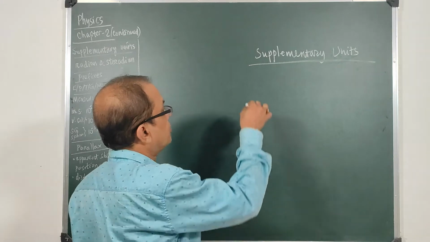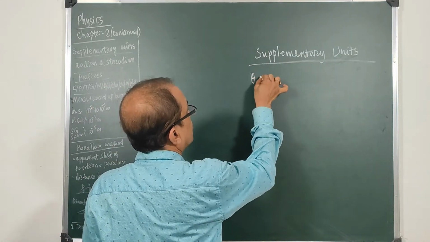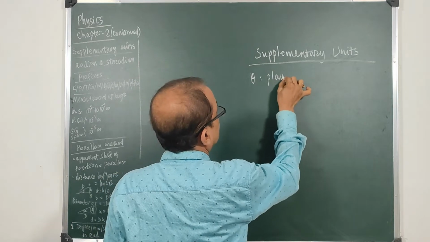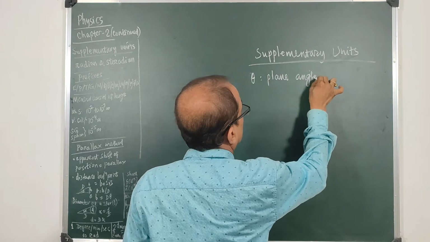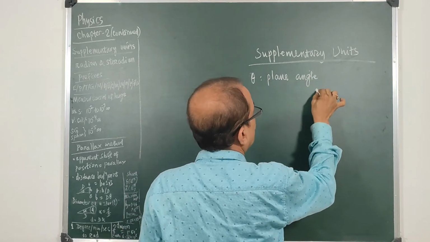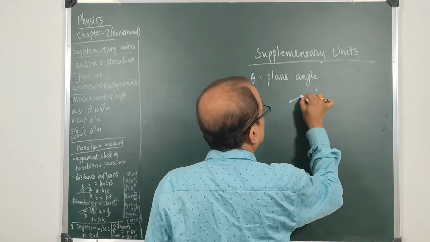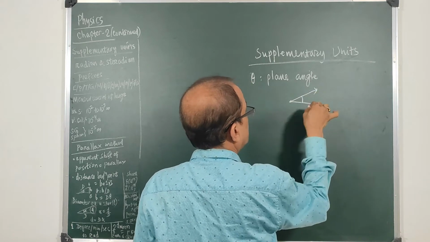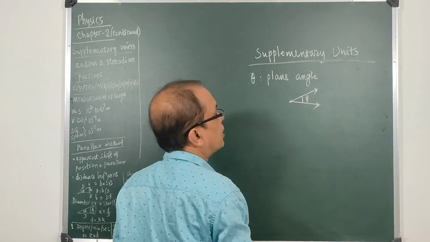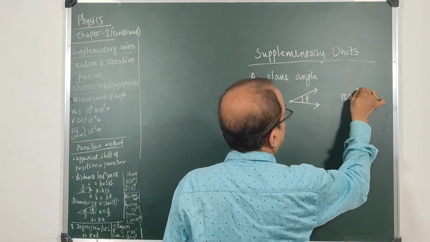How can we measure them? There are two different kinds of angles. The plane angle is measured between two points on a plane connected to a point, and if these are two rays, then this is the plane angle, and it is measured in radians.